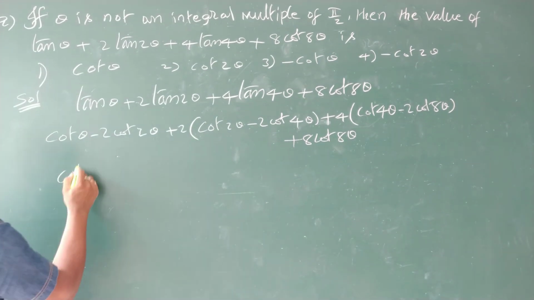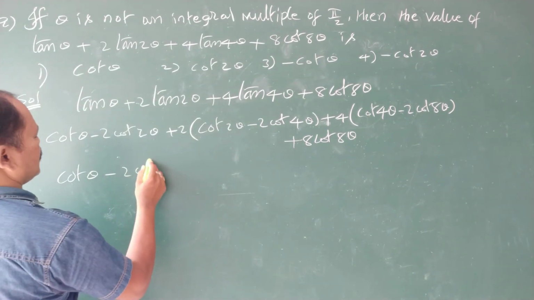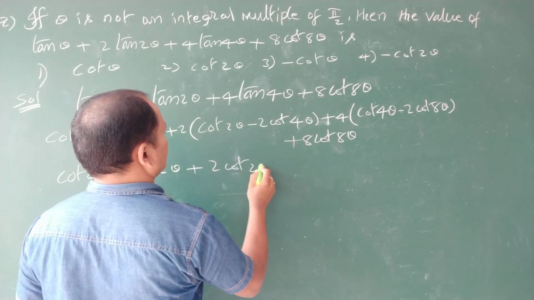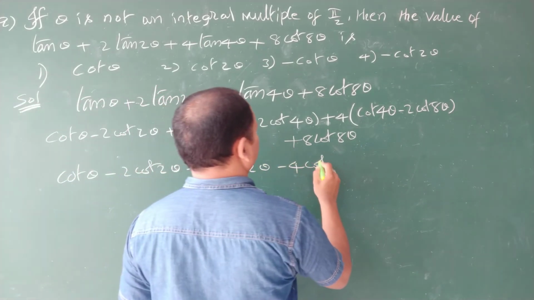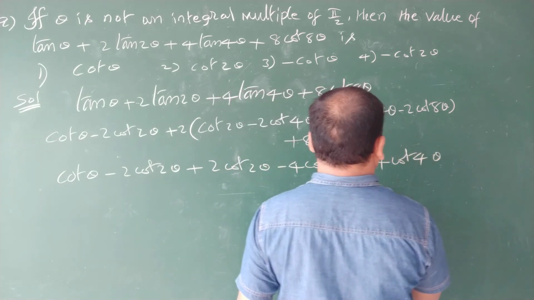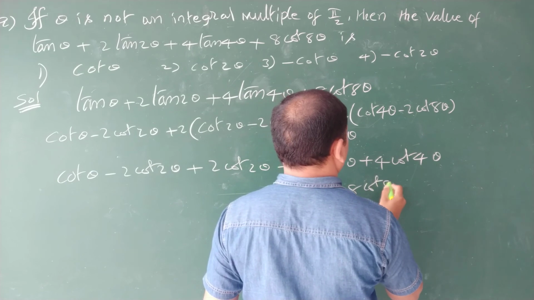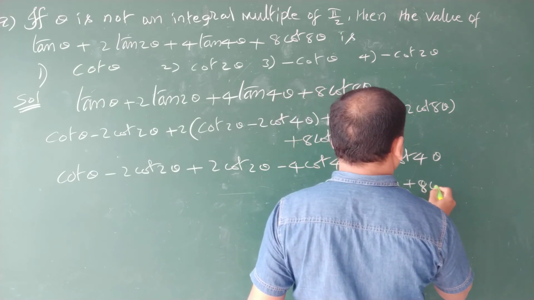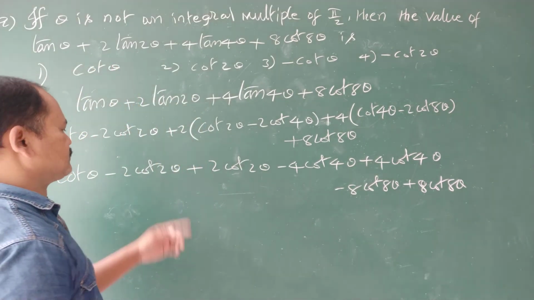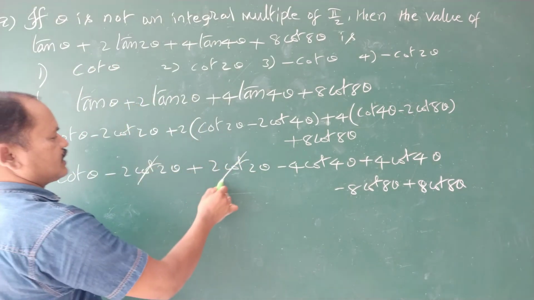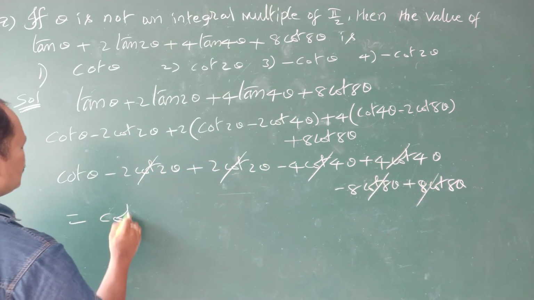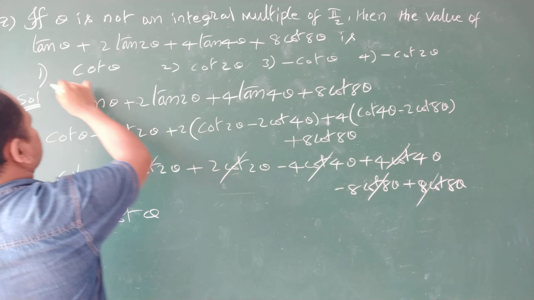Then it is cot theta minus 2 cot 2 theta plus 2 cot 2 theta minus 4 cot 4 theta plus 4 cot 4 theta minus 8 cot 8 theta plus 8 cot 8 theta. So all the terms get cancelled. These two get cancelled, these two get cancelled, these two get cancelled. Now the answer is cot theta. That is the first option.